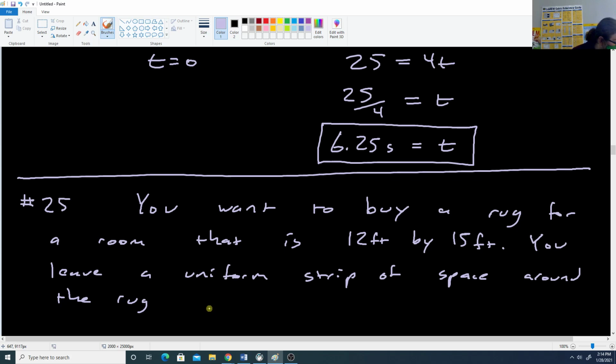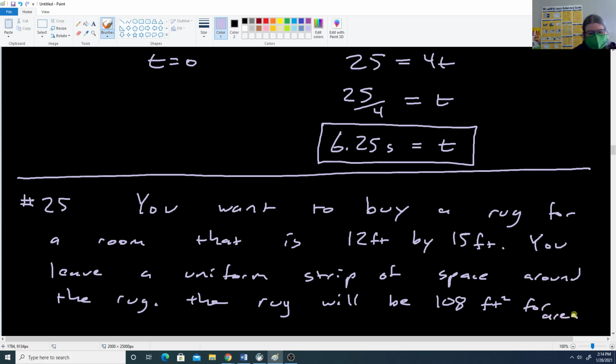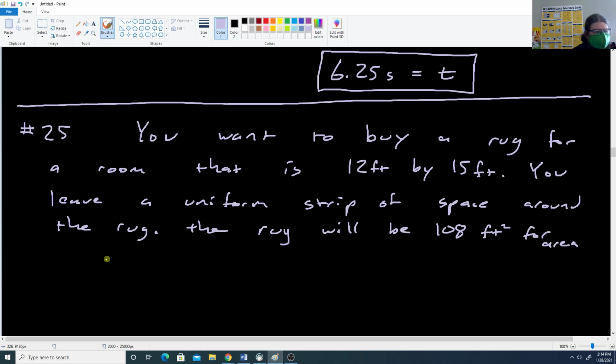And the rug will be 108 square feet, for area, I guess we could say. Kind of worded that weird. We want to find the dimensions of the rug.